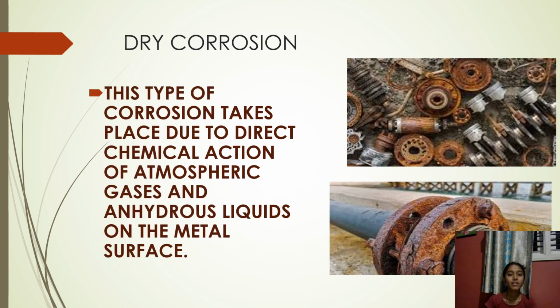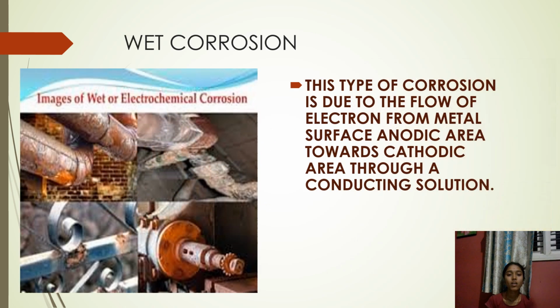Dry corrosion: this type of corrosion takes place due to direct chemical action of atmospheric gases and anhydrous liquids on the metal surface. Wet corrosion: this type of corrosion is due to the flow of electrons from the metal surface anodic area towards the cathodic area through a conducting solution.